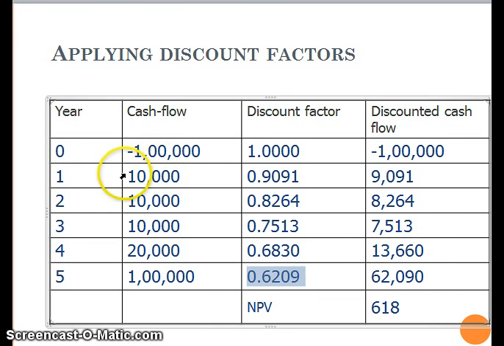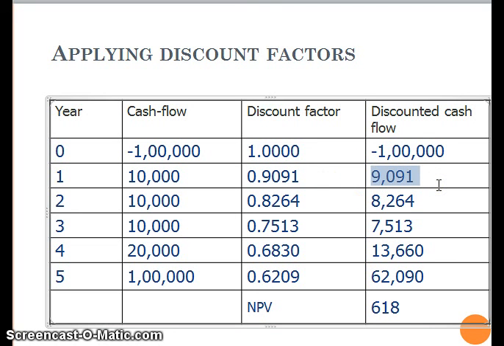So these returns, from the first year up to the fifth year, are the future value. For this future value you need to calculate the present value, so you multiply the future value by the discount factor to get the present value.